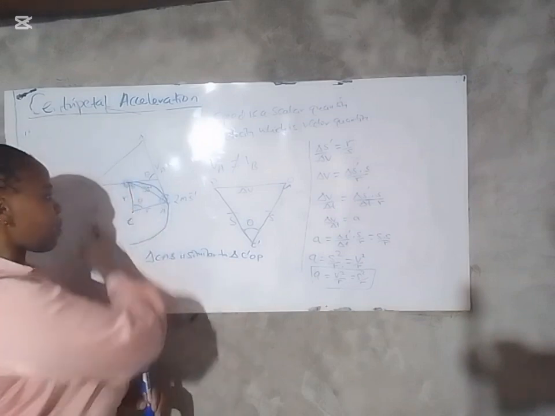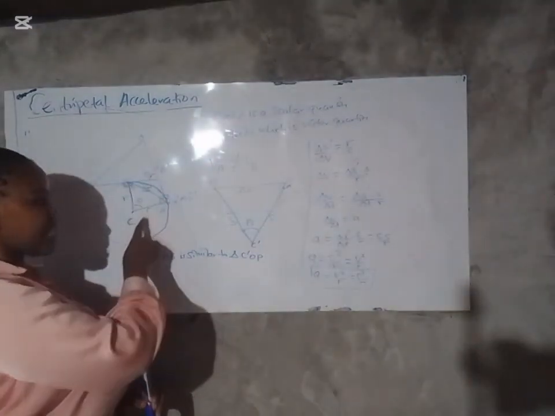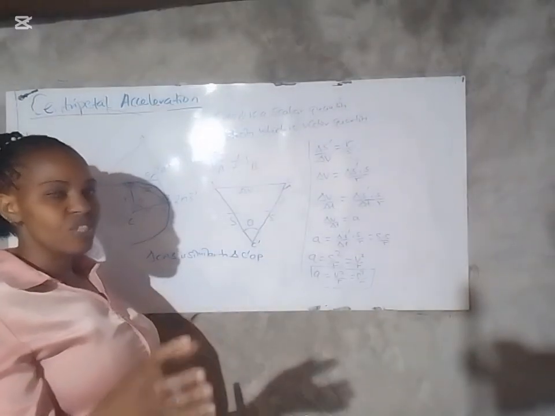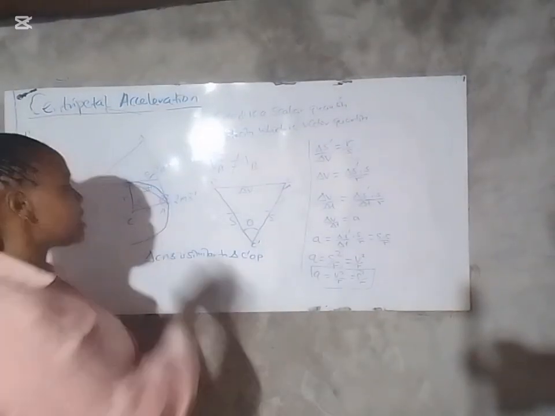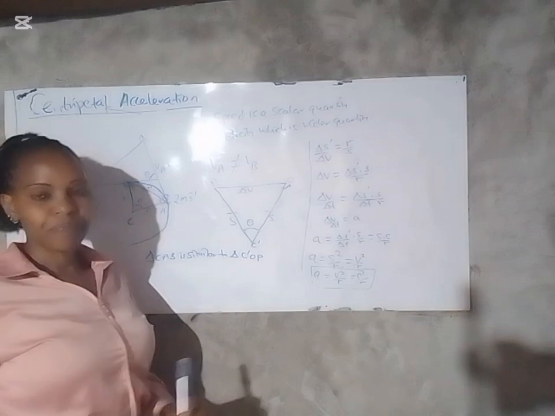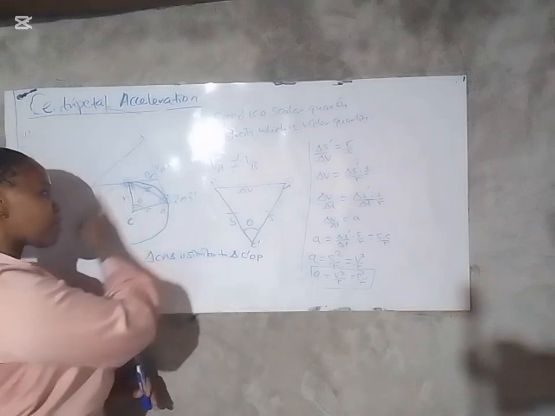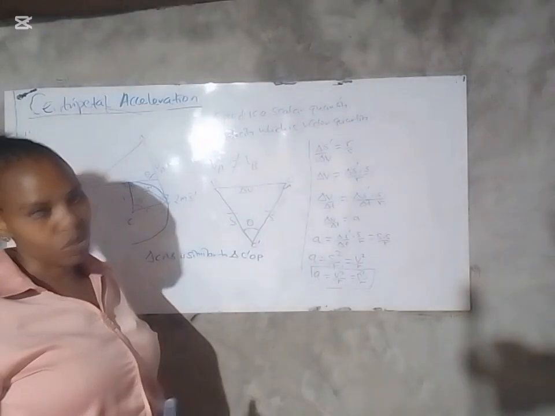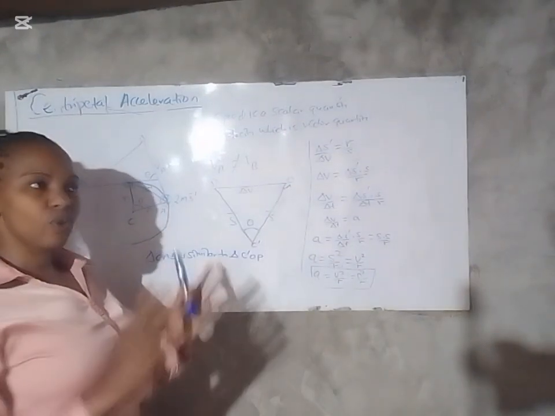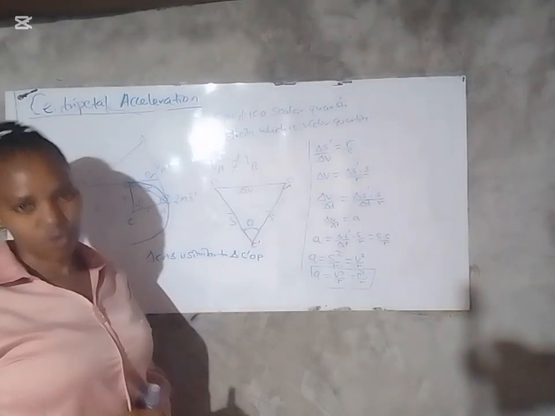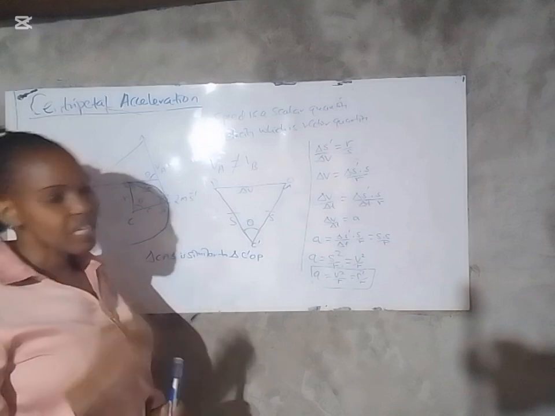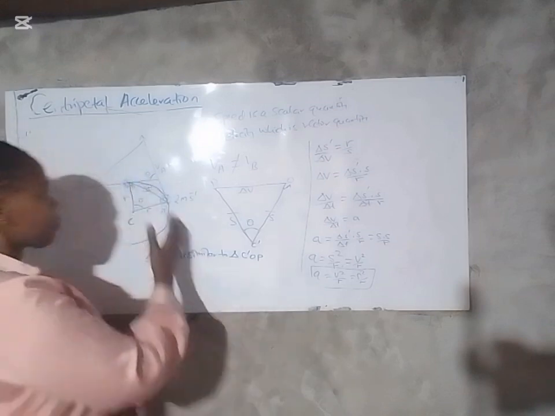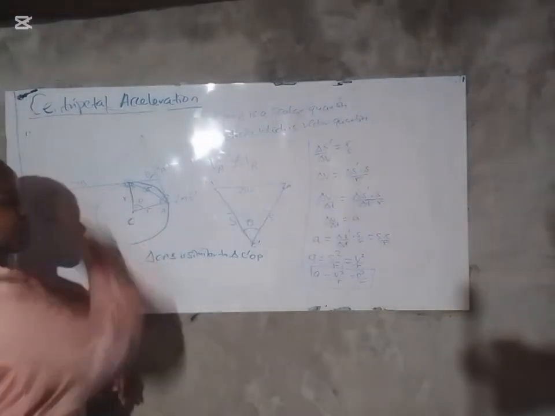In our circle of radius r, if the speed is 2 meters per second, then the body will go round the circular path at a constant speed of 2 meters per second. So the magnitude part of velocity is constant. What changes is the direction, from direction A to direction B.